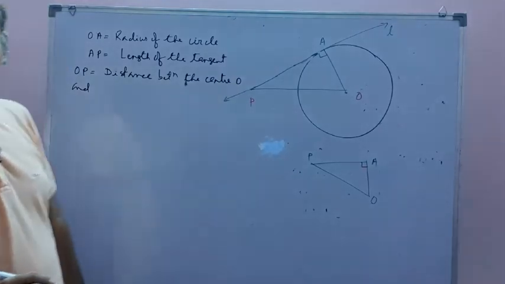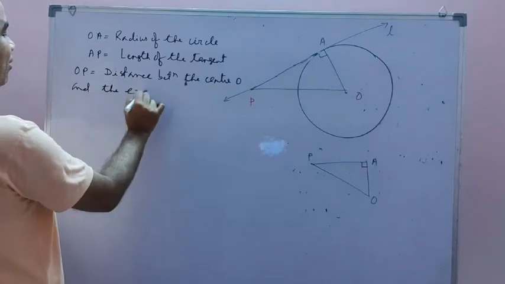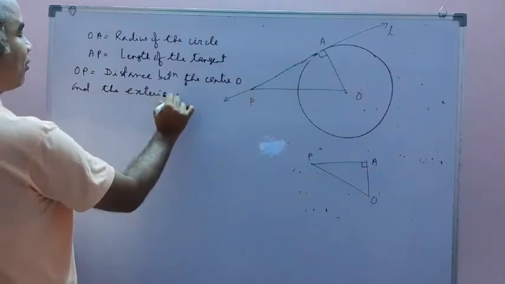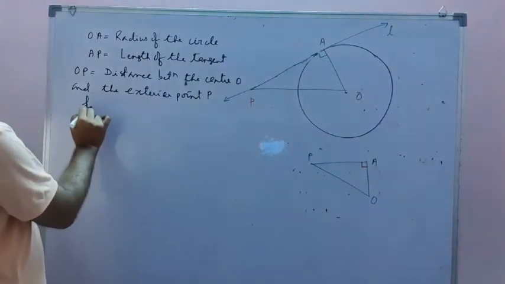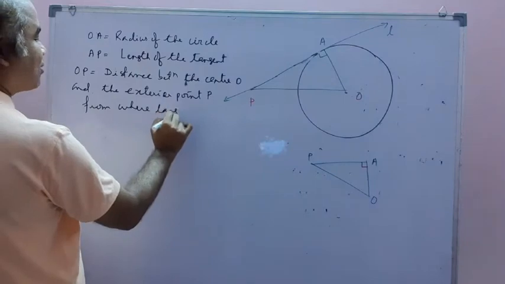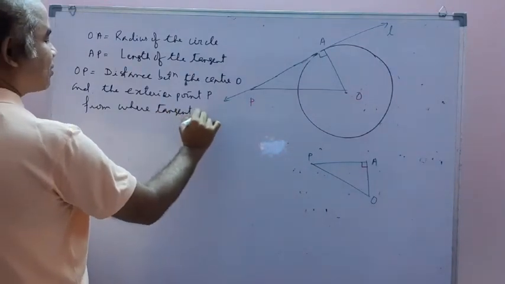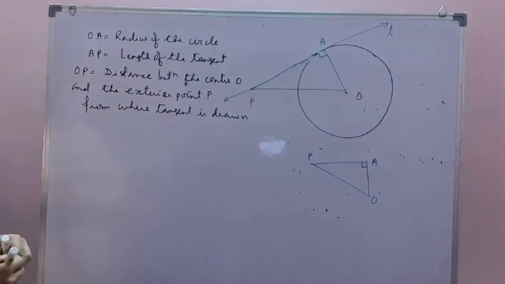Point P is the exterior point. From point P you have drawn the tangent. So that's why we write from where the tangent is drawn. These are the three sides of this right triangle.